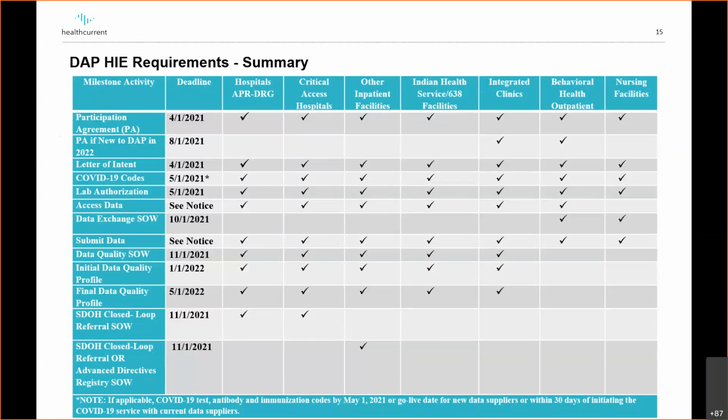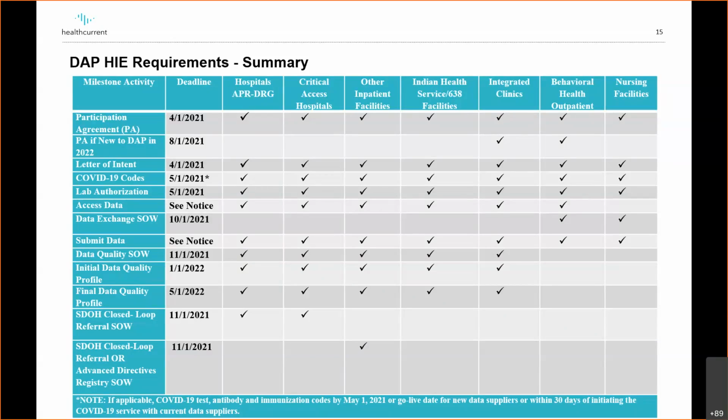If you have not already signed a participation agreement, we need to get that done as soon as possible, as well as the LOI. And then we need to make sure that you are able to submit COVID-19 codes to us. The lab authorization forms, there are some labs that require an authorization from your organization to be able to submit the results into the HIE. So we just need to make sure that we get that form filled out so that those results can be released.